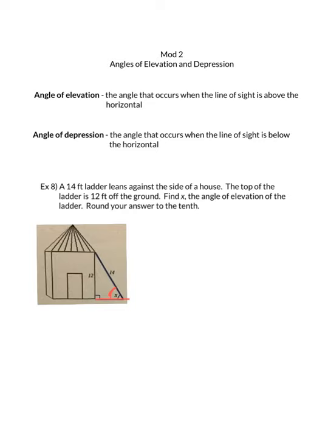Our picture is given to us and shows exactly how everything should be set up. And so all we have to determine is what relationship we have in this picture. The 12 is the leg across from x, so it's the opposite. The 14 is the hypotenuse, and so the function that uses opposite and hypotenuse is sine. So the sine of x has to equal 12 over 14.